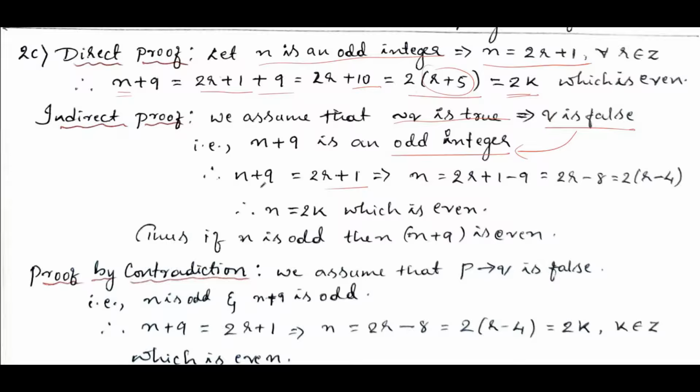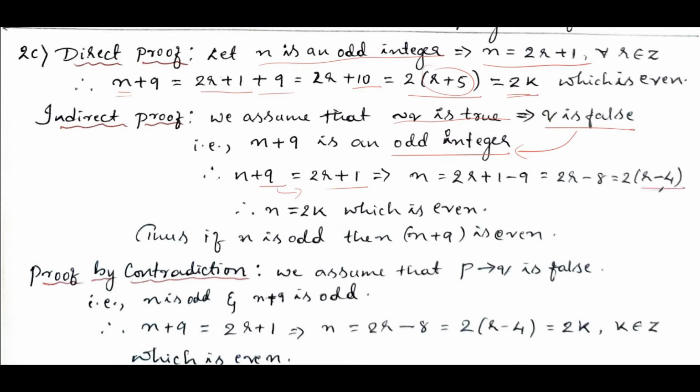Let us see. I have shifted this 9 to the right hand side. So I got 2r plus 1 minus 9, which is equal to 2r minus 8, by simplifying 1 minus 9, which is minus 8. Taking 2 common, I got 2 times r minus 4.